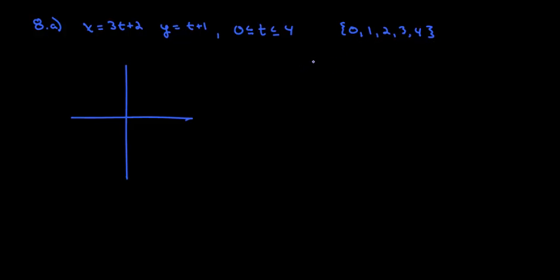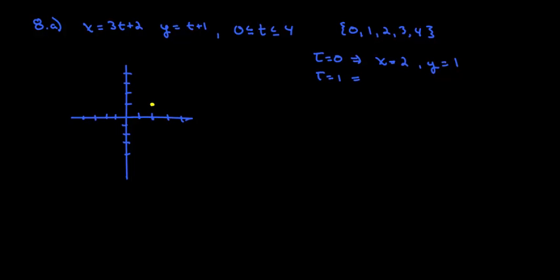So if t was 0, that would imply that x is 2 and y is 1. So one of the points on my graph when t is 0 is 2 over, 1 up. So that guy's on the graph.